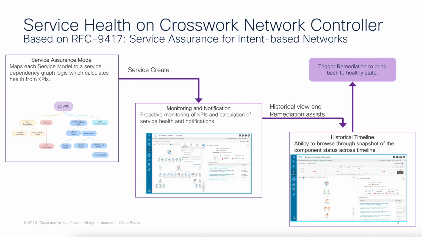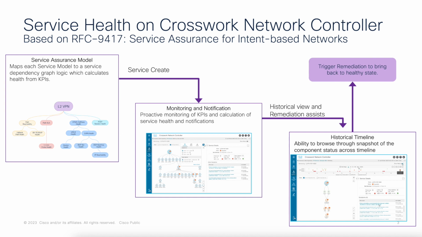So when you create a service, the CNC system looks up what type of service you're creating, looks up the service dependency graph, and instantiates, for that particular service instance, a service assurance instance graph. This is basically a state in the system where each logic is applied to a specific set of KPIs, which are also collected. This is ongoing: we have a periodicity that depends on the type of KPI, and we periodically collect all these KPIs.